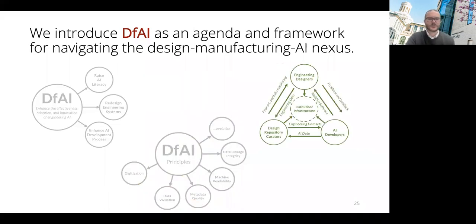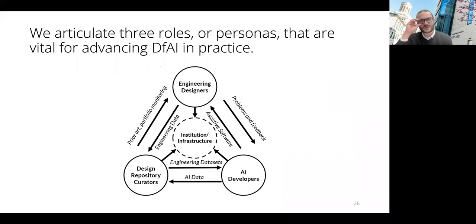And we thought through 3 different personas, or you can think about them like job descriptions almost. And we think that these 3 and the way that they work together are really important for advancing DeFi in practice and in industry. So we thought about the connections between engineering designers, design repository curators, and AI developers, specifically within an engineering and manufacturing context.